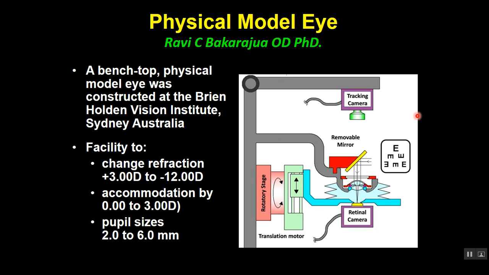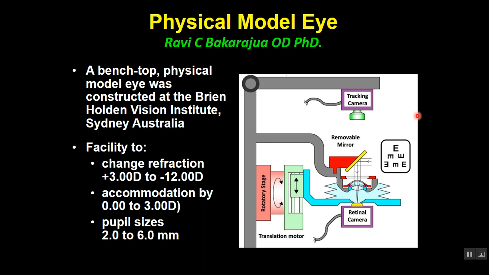Now, Ravi Bakkaraju did this interesting study with this incredible optical device that he created. What it allowed him to do was simulate the quality of vision that a patient would experience through to the retina.